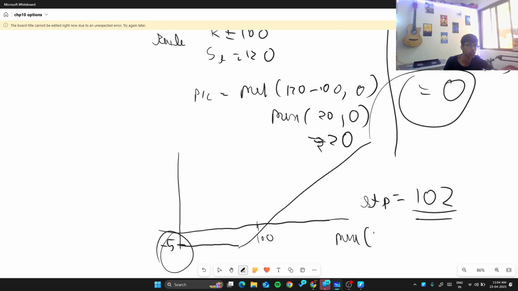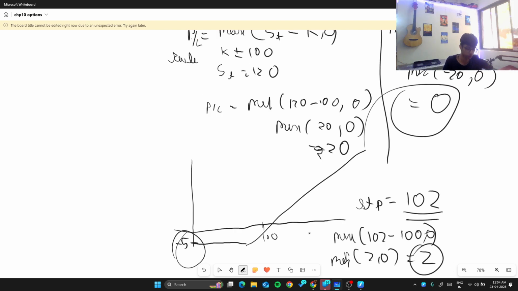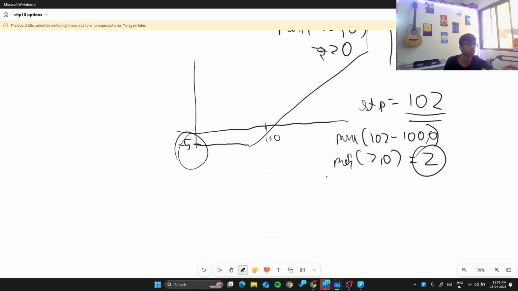With our formula, 102 minus 100 and 0, the maximum is 2, but we will still be in negative because we paid 5, so it will be 2 minus 5.